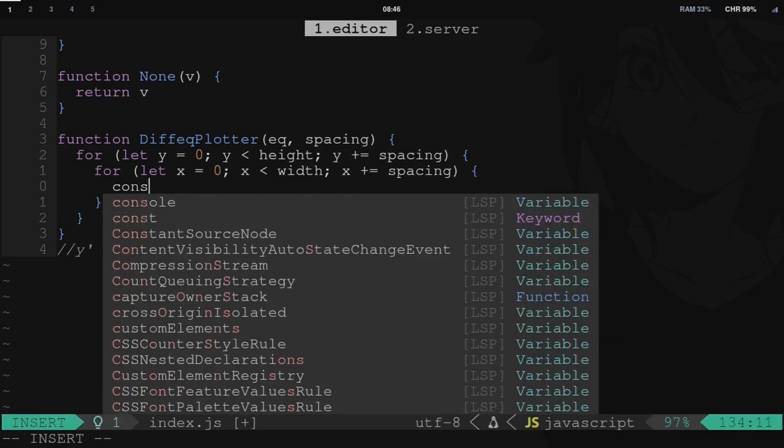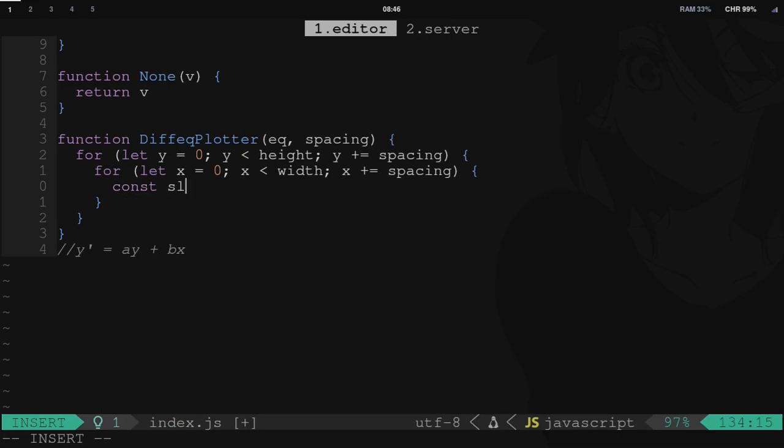So const slope, derivative is actually the slope, so slope that is given by the equation at x comma y.